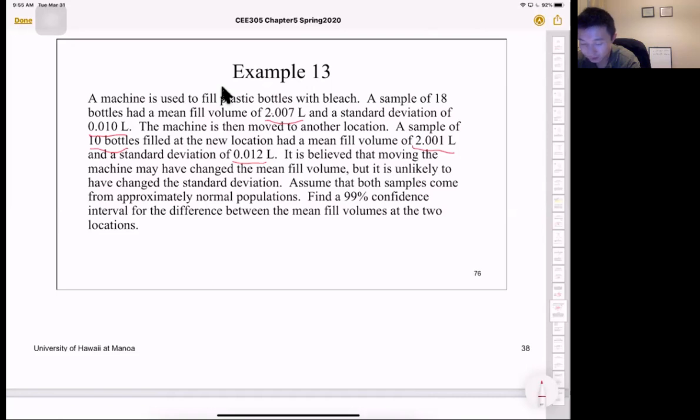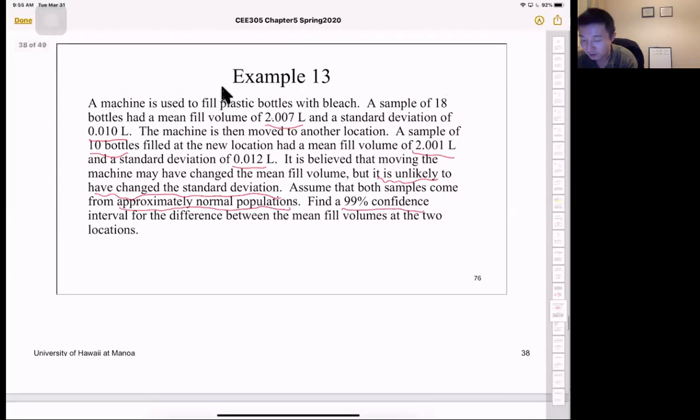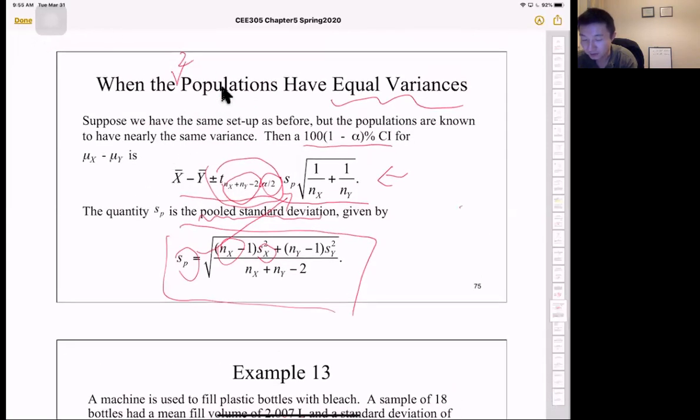Assume both samples come from approximately normal populations, and it is unlikely that the standard deviation changed, which means for these two samples we can assume they have the same standard deviation. It asks for a 99% confidence interval. Because they have equal standard deviation, so equal variance, we use this equation instead.